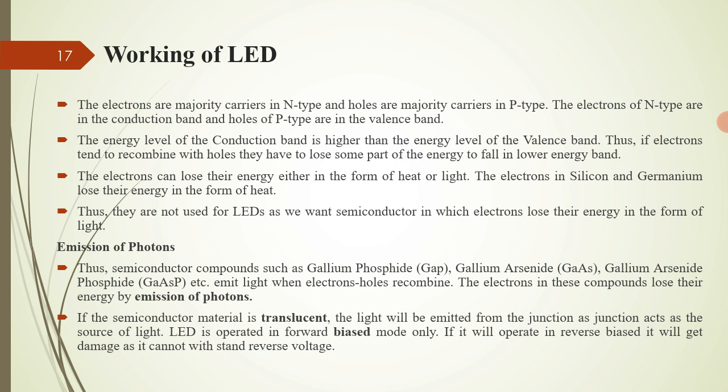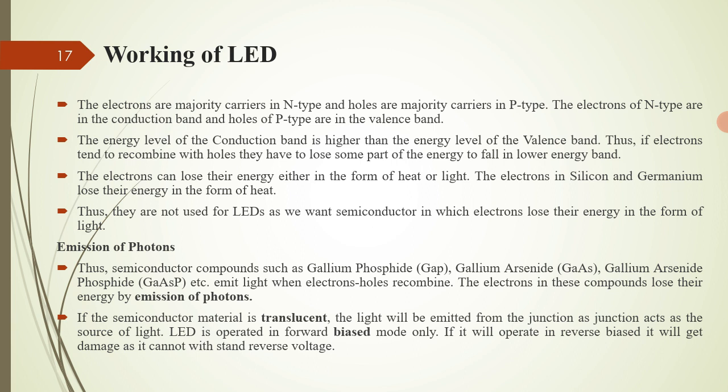An electron can lose its energy either in the form of heat or light. The electrons in silicon and germanium lose their energy in terms of heat only. So they are not suitable for LEDs, as we want a semiconductor in which electrons lose their energy in the form of light only.